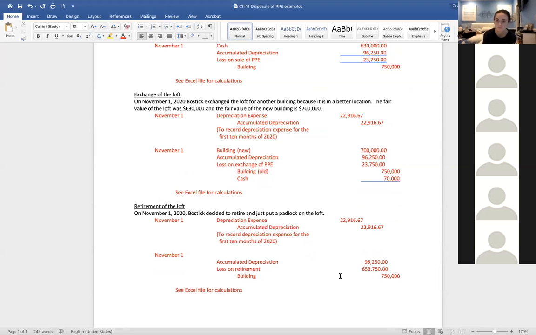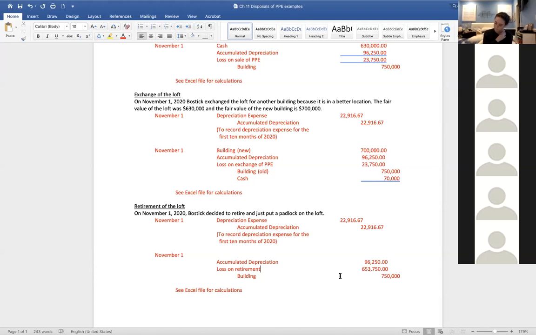Retirement, can you ever have a gain on retirement? No, because remember, your loss is the amount of your book value.